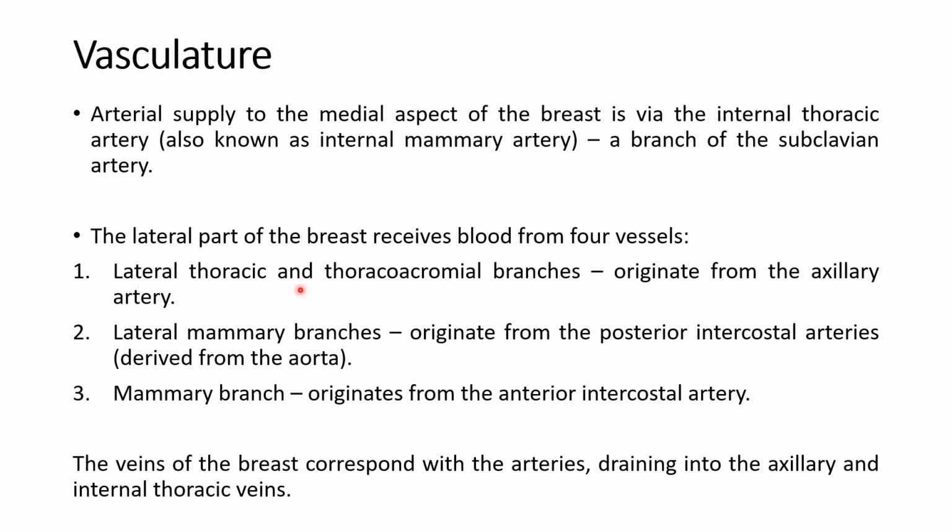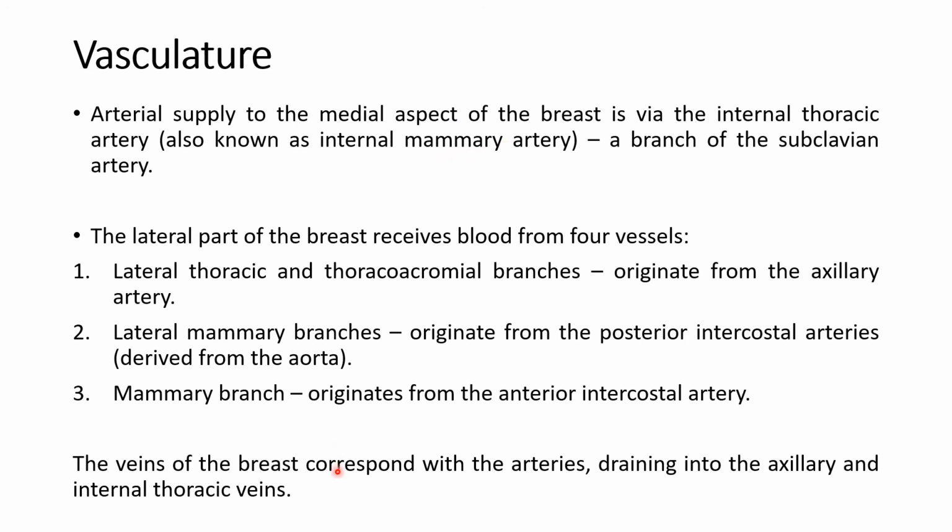So lateral thoracic artery, thoracoacromial artery, lateral mammary artery, and the mammary branch supply the lateral part of breast tissue. The medial aspect receives arterial blood supply via the internal mammary artery.